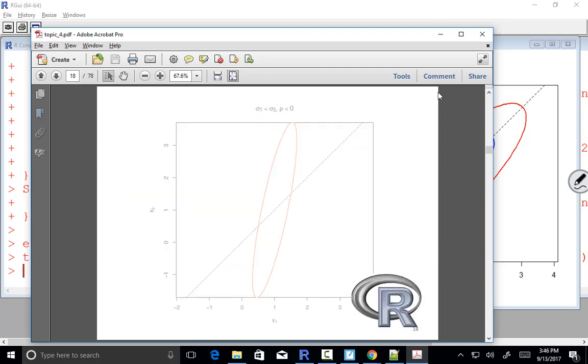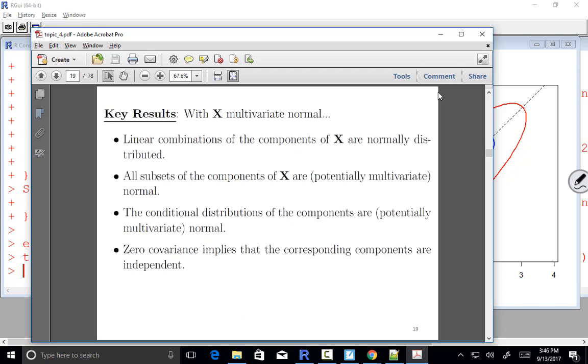Let's end with this slide right here. Multivariate normal. Suppose we have data that we think are multivariate normal. There are some basic operations that we can do with that type of distribution. So there are things that we know include the following. So linear combinations of the components of our random vector.